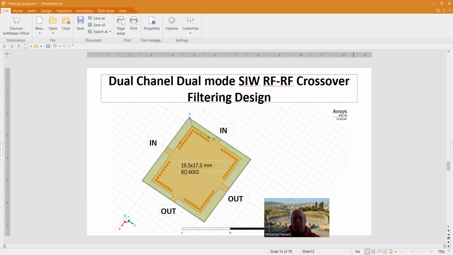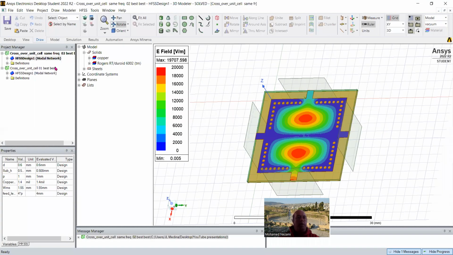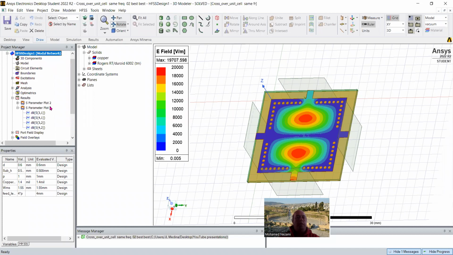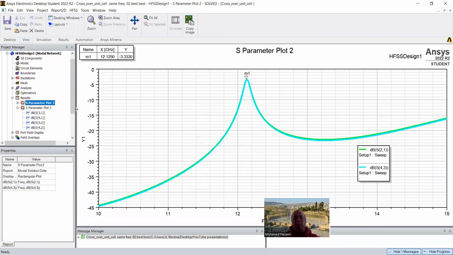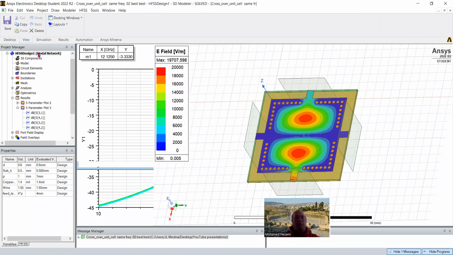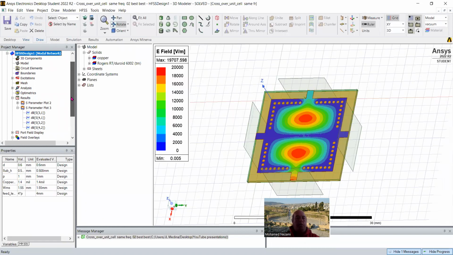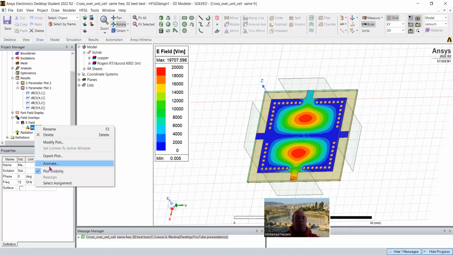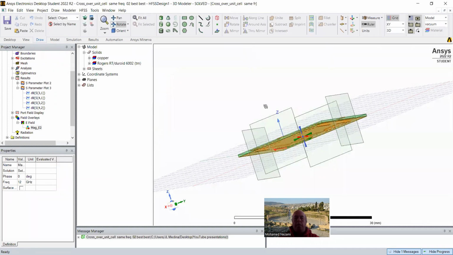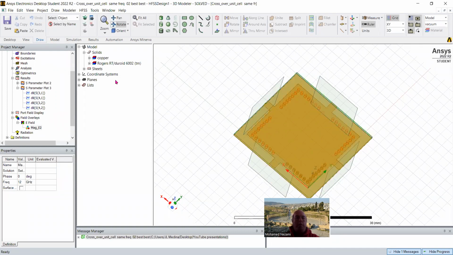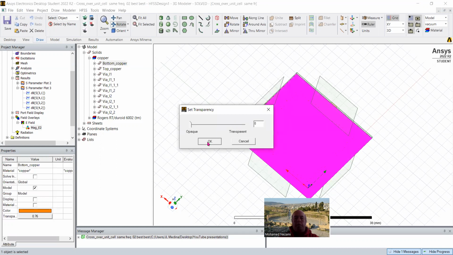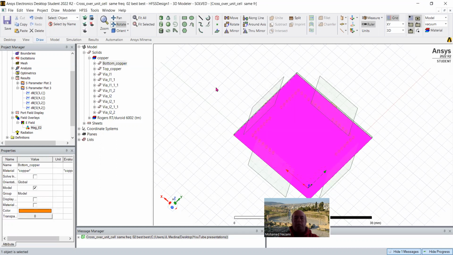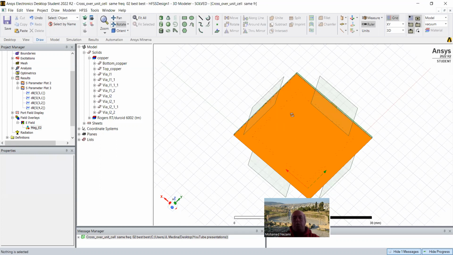Okay, let me just make sure this is the same one. So this is right now one of them. Let me just get rid of this. We have covered the bottom, so you can see it: the bottom is all ground.